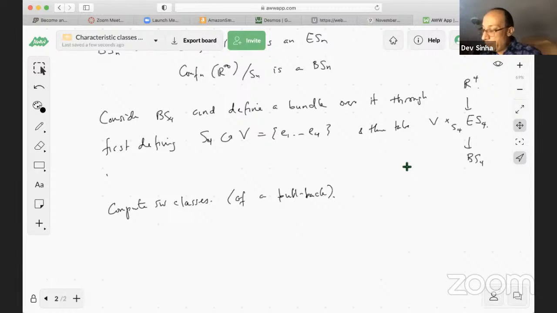So what I'm going to do is note that this rank 2 vector space over F2, which is, of course, just the Klein-4 group, acts on itself by multiplication.